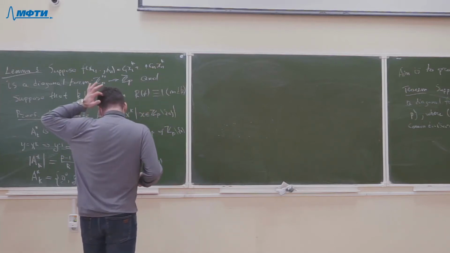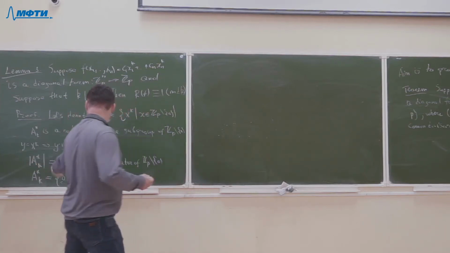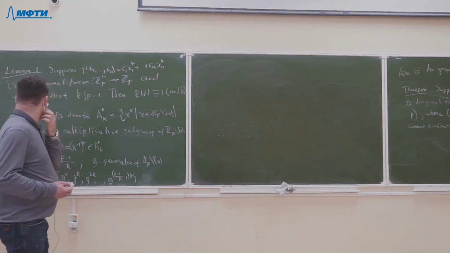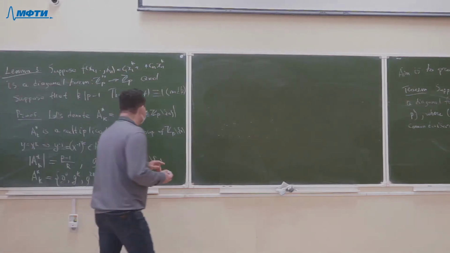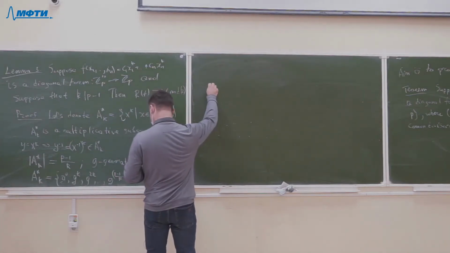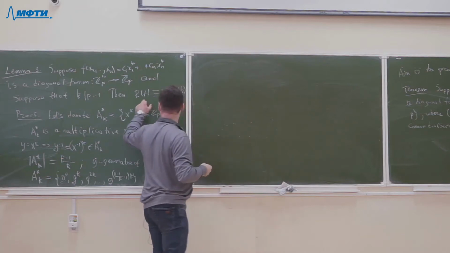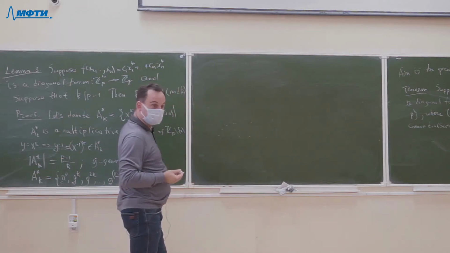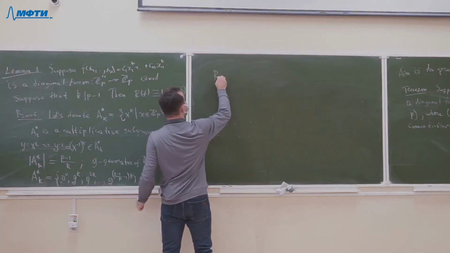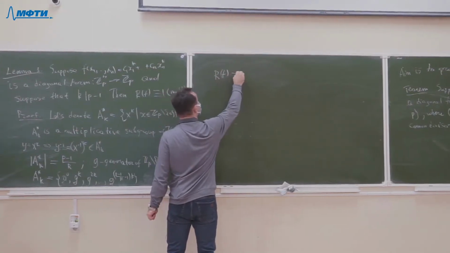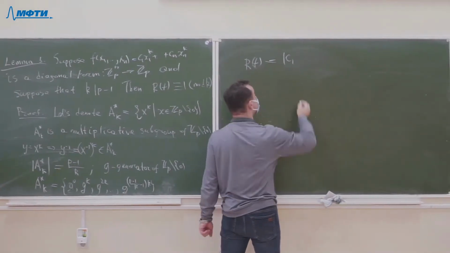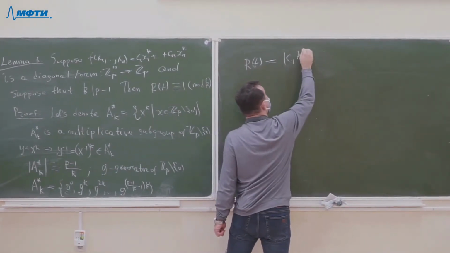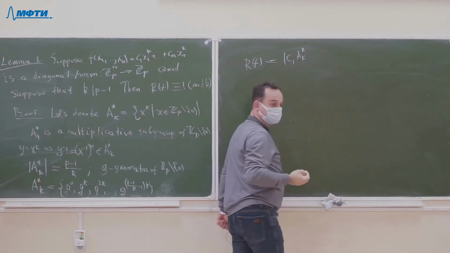Okay, right, AK star is this one. Well, what next? Next, what about the range? Range is the size of this set. C1 AK star, right?